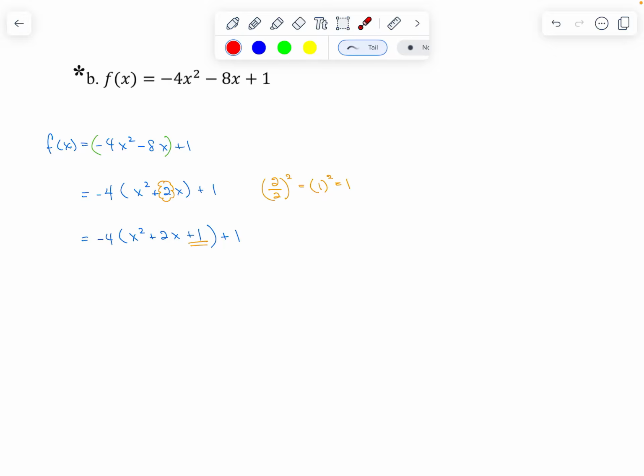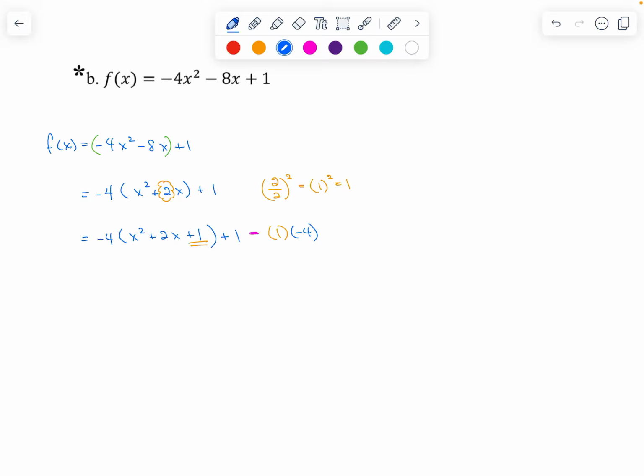So the important thing is to recognize what you really added. Even though you added 1 inside the parentheses, if you were to distribute that negative 4 through, you'll see that you actually added a negative 4. So it's when they multiply. We're going to be subtracting the 1 that I added inside times what's on the outside, that negative 4.